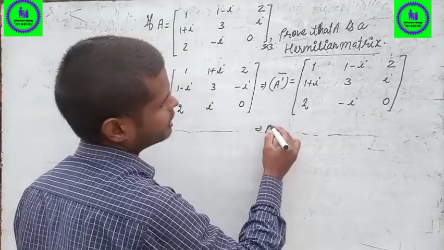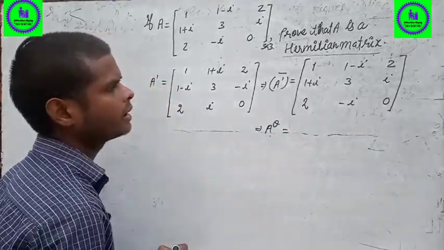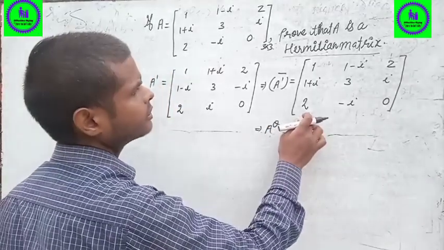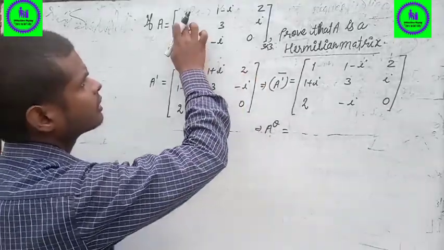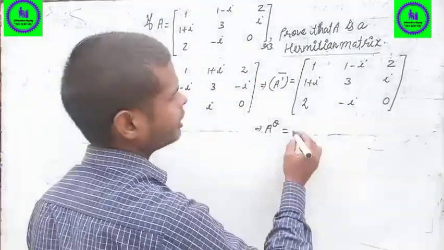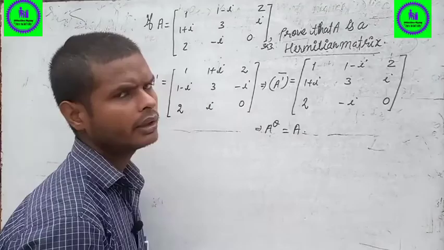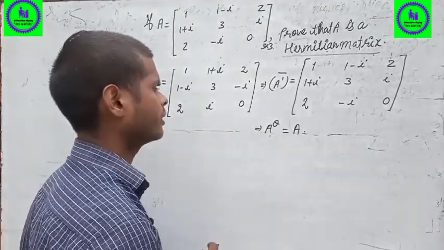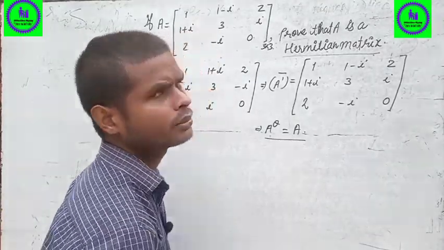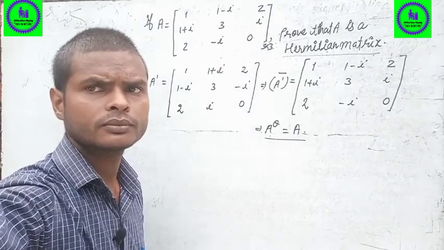This representation is A theta. What is this value? Here see, this value is equal to A. It means A theta is equal to A. Hence proved. Understood?